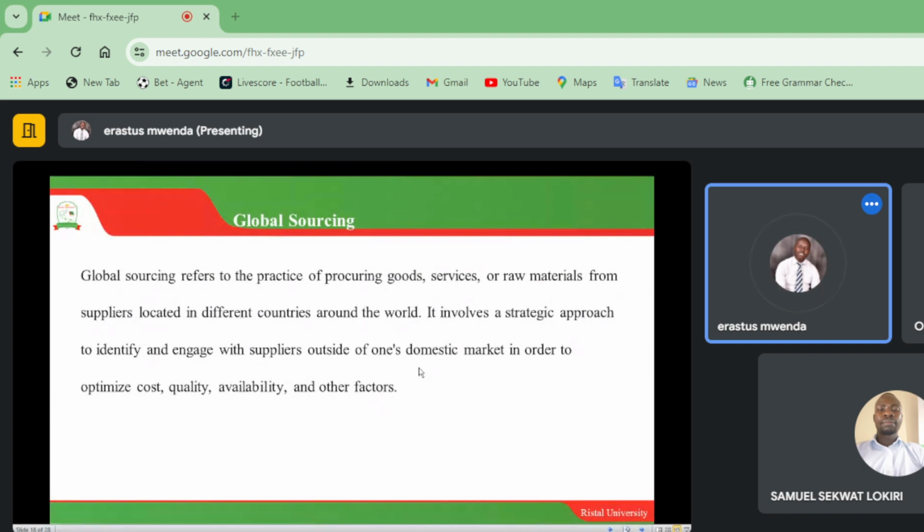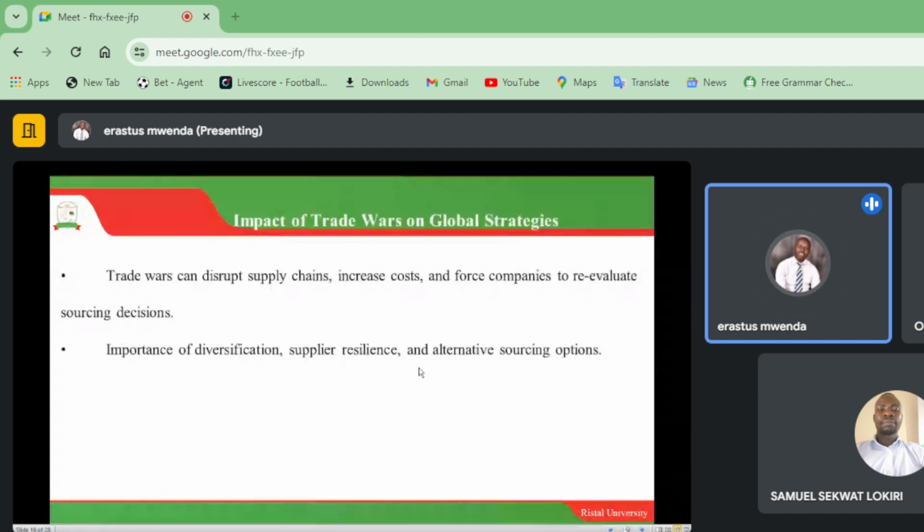Now, our next discussion is around the impact of trade wars on global strategies. Now, different countries are in trouble because of what we call trade wars. These are conflicts between nations that are characterized by, for example, when countries increase tariffs, that is a problem.